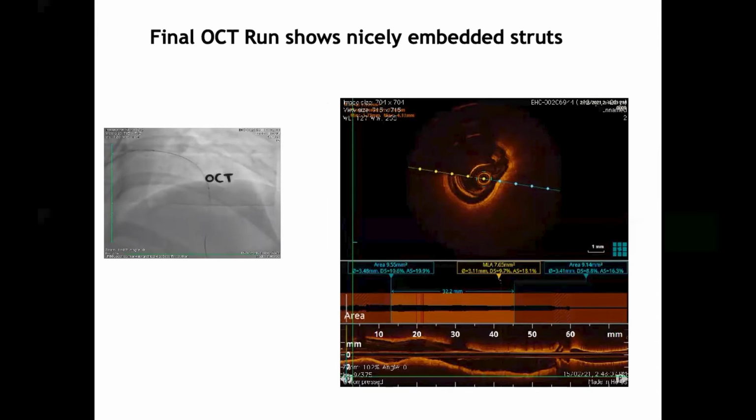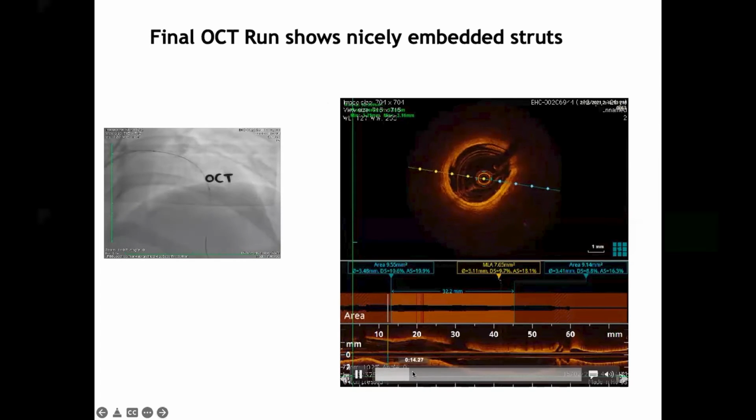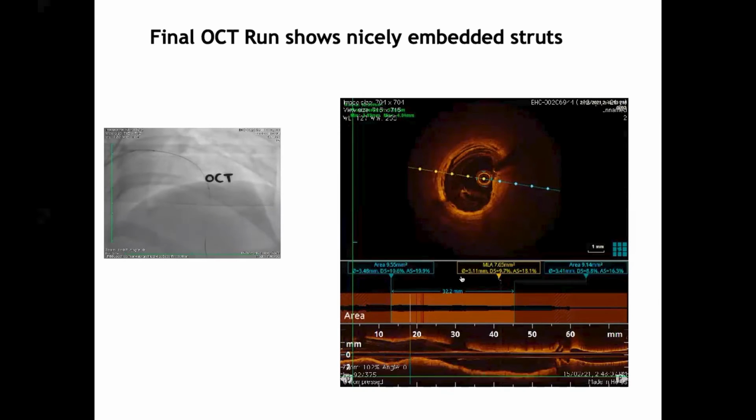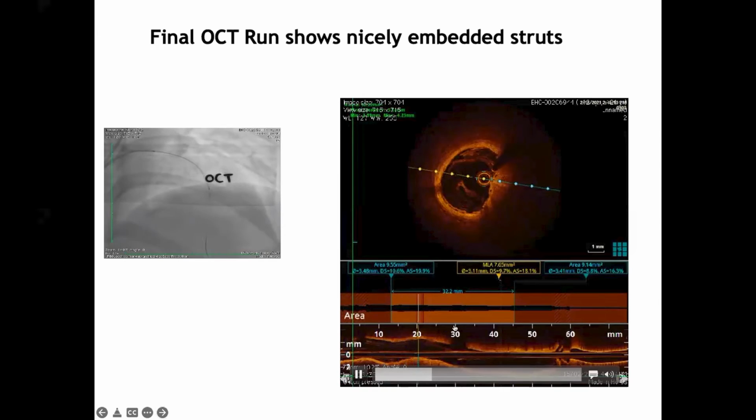And this is the OCT imaging. Here you can see the BRS struts visible.